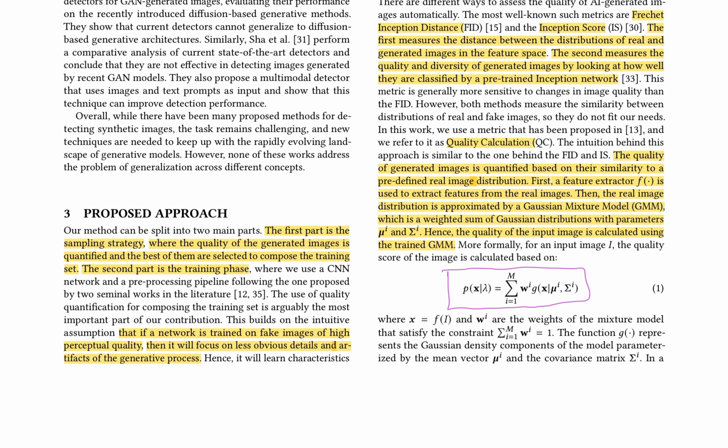Here, the w i are the weights, where x equals f of I, you just put the image in, and they satisfy this constraint. The function g represents the Gaussian density components of the model, parameterized by the mean vector mu i and the covariance matrix sigma i.